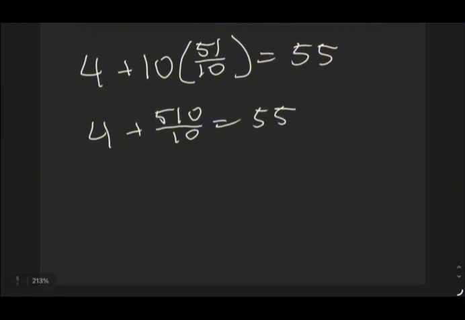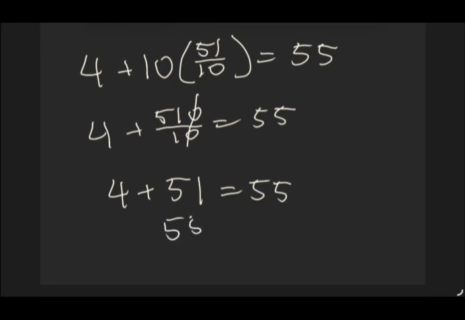We can simplify this fraction to 51 because you cross out the zeros and it'll be 51 over 1, which is the same as 51. 4 plus 51 is equal to 55. So our answer, 51 over 10, was correct.